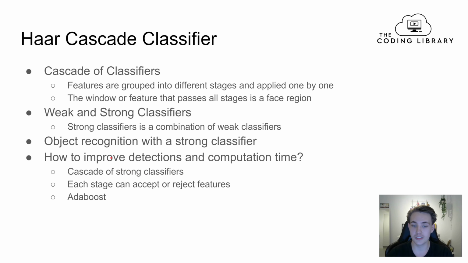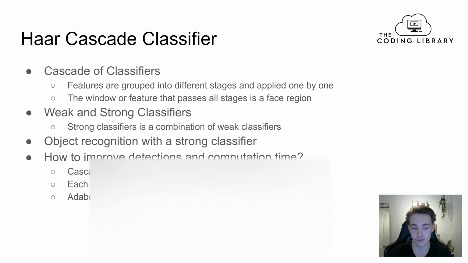So how can we improve the detections and computation time? As I already talked about, we can cascade the strong classifiers, and at each stage we can accept or reject features, so we get fewer and fewer features and our computation time will be better. This all comes down to this AdaBoost optimization for the Haar Cascade Classifier.